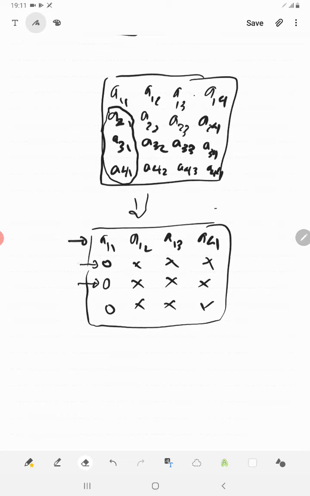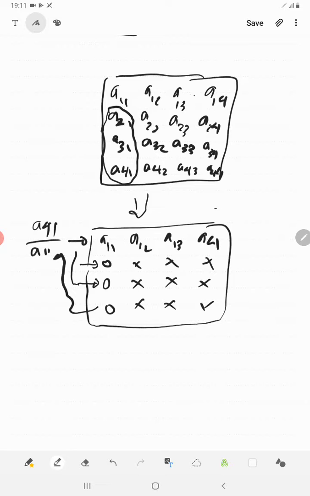For the third row, we multiply this by A31 divided by A11, to obtain this one. To obtain this one here, we multiply this by A41 divided by A11.